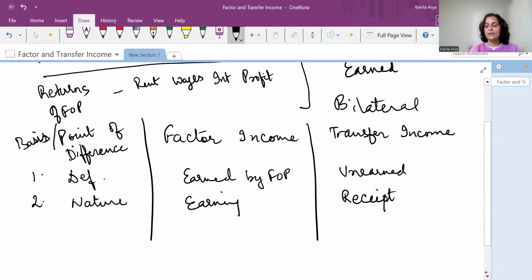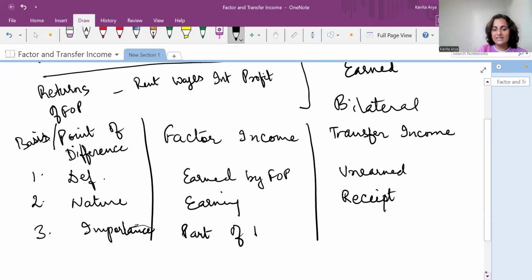For example, when you work, you get paid. But you are also given some pocket money or some funds or some gifts by your family and friends. So that becomes a transfer income. But when you earn and get something, that becomes a factor income. Next, the importance of the concept. Why are we studying this? The importance is that this is a part of national income.